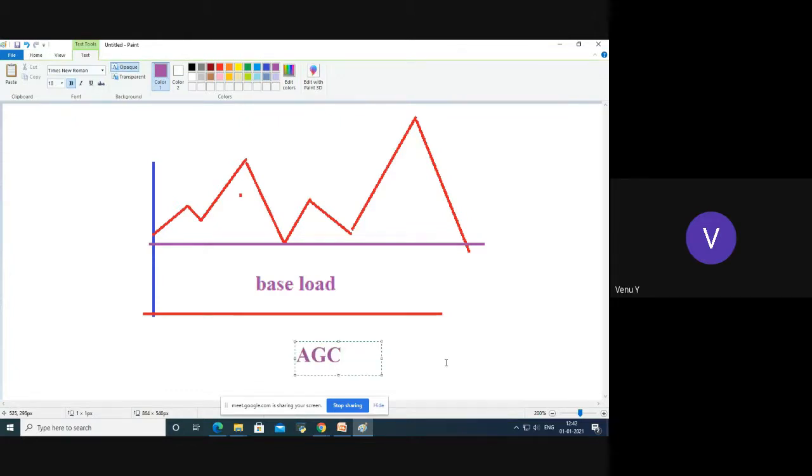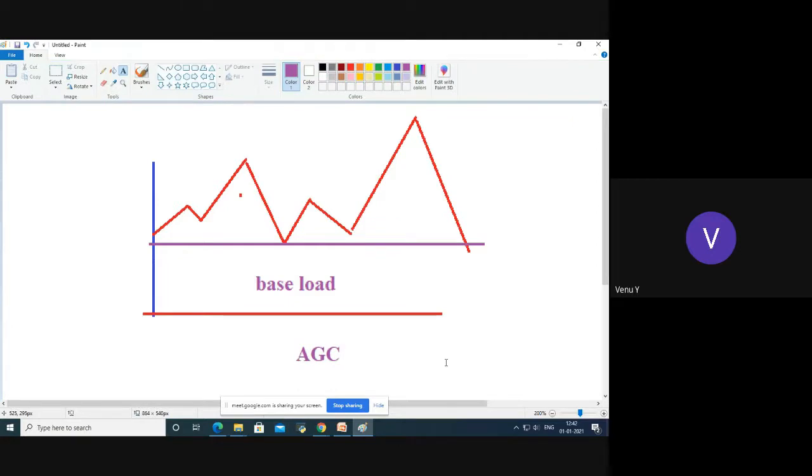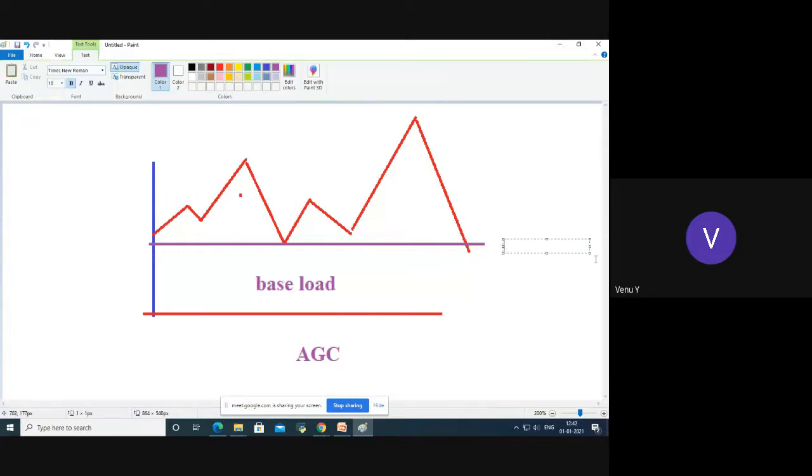The AGCs of the generating units can be set such that at base load the frequency is F naught, the nominal frequency.